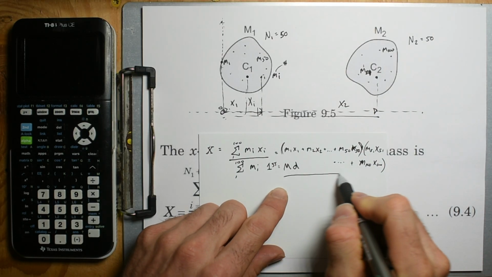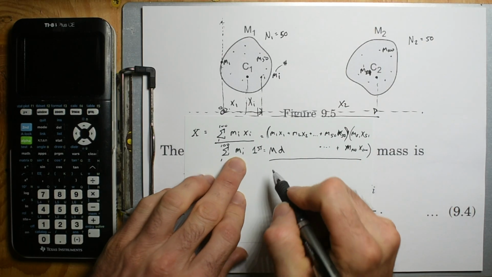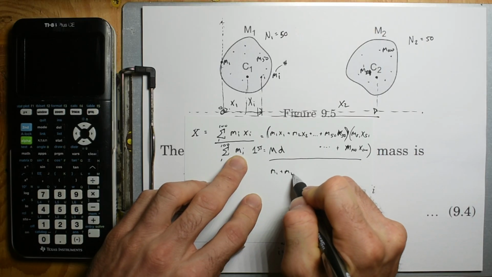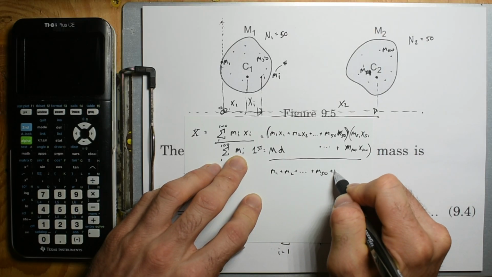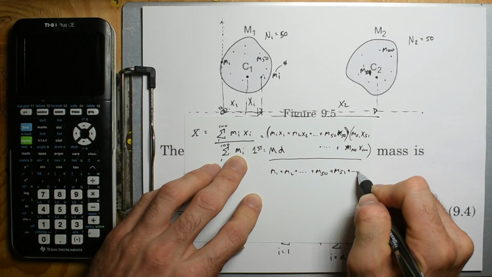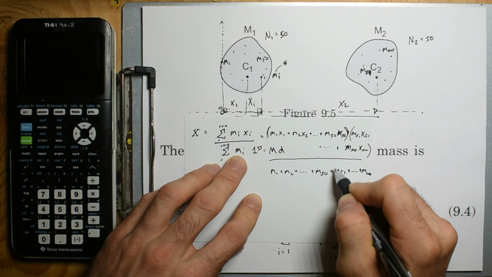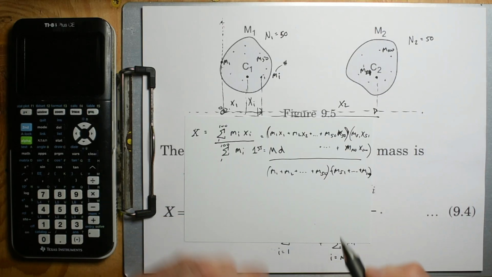And then for the downstairs terms, I'm going to have M1 plus M2 plus dot dot dot plus M50 plus M51 plus dot dot dot plus M100. So I can group those together.